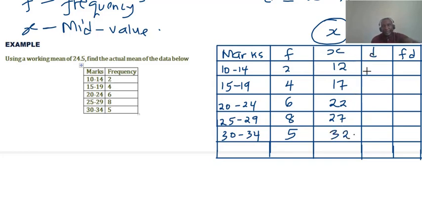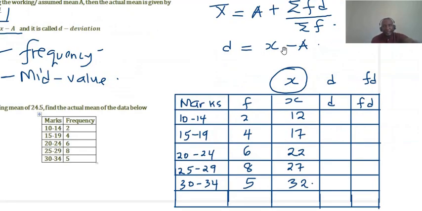Next we need to get d. We know that d is equal to x minus A. A is the assumed mean, and the assumed mean capital A is equal to 24.5. So we keep on substituting in here, we get the value of d. We know that x is varying in every class. So we start with 12, which is x minus A, which is 24.5.